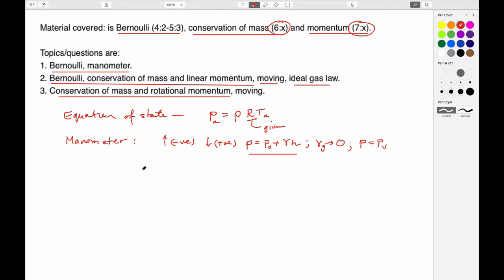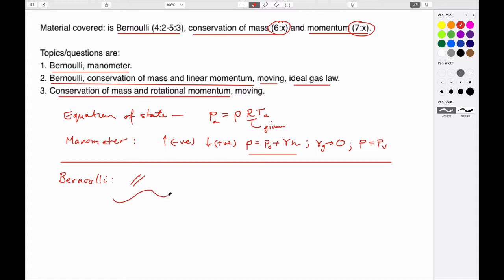In terms of Bernoulli's equation, we looked at it in 2 modes. We looked at it parallel to a streamline, in which case we look at behavior between an upstream and a downstream point, and we label them 1 and 2.